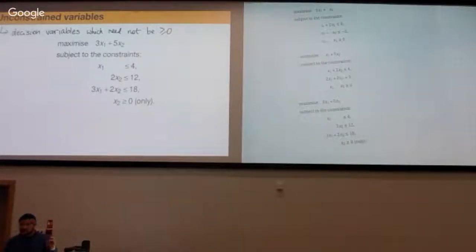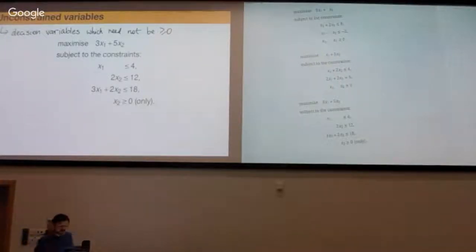The main thing that will break down is the optimality criterion, which for maximization problems is that there are no negative entries in the objective row. If you have variables that can be negative as well, this doesn't work anymore. So the simplex method really relies heavily on having everything greater than or equal to 0.